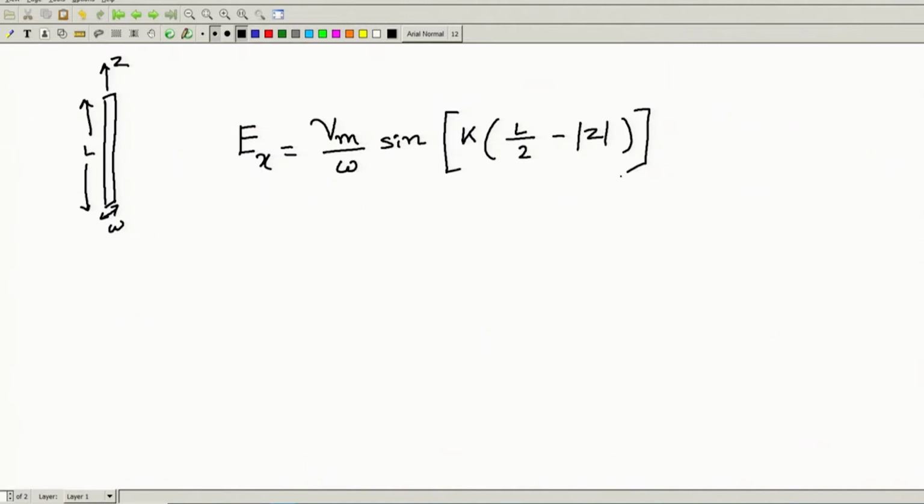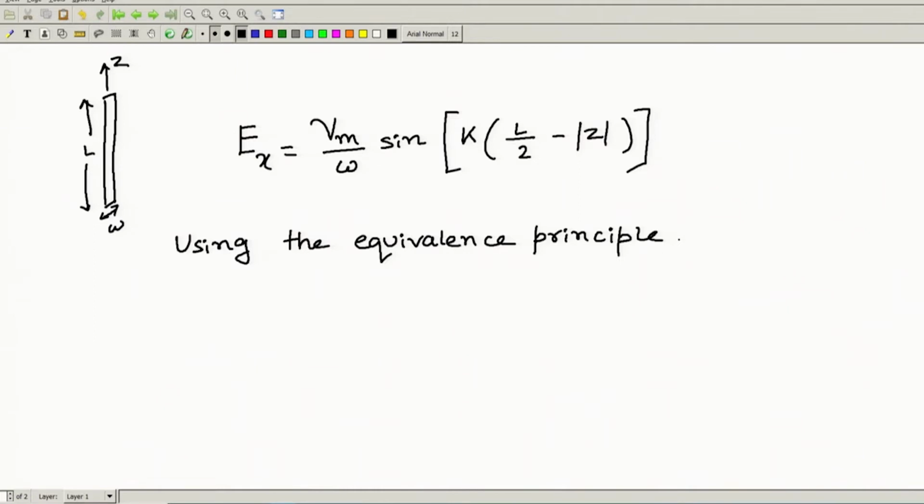So, basically we can start using the equivalence principle. Using the equivalence principle, what we can do, we can replace the aperture by a patch of magnetic current.